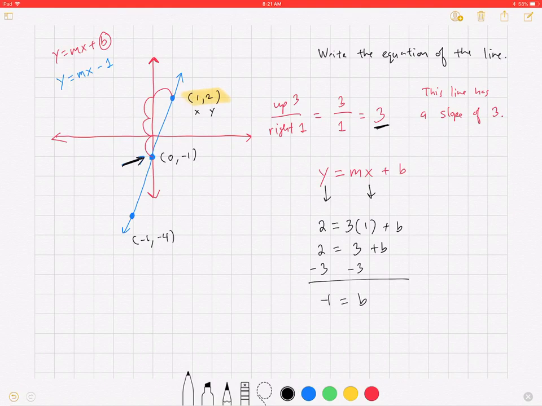So when you put it all together, y equals, the m was a 3, that's the slope. Then you put in the x, and then you put in your value for b, -1. Again, this -1 is this point right here, where it crosses the y-axis.